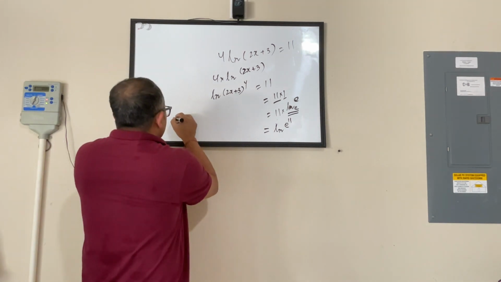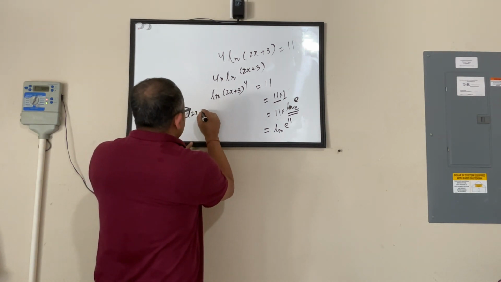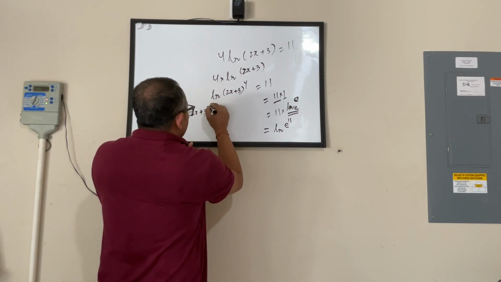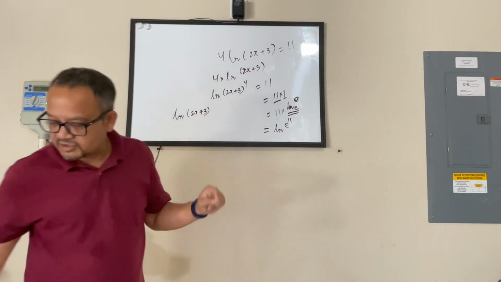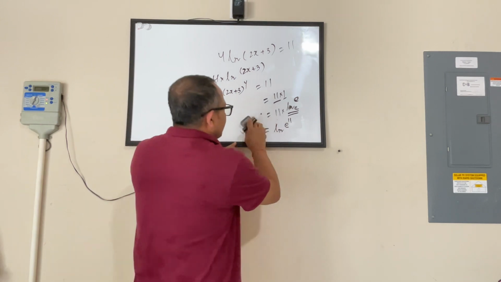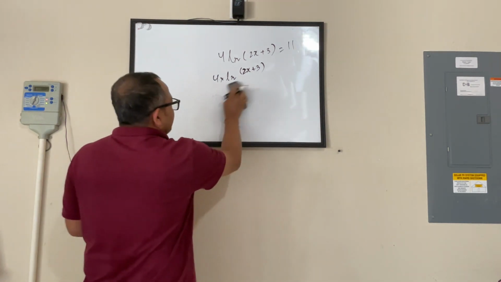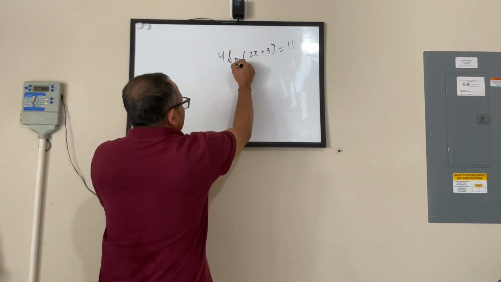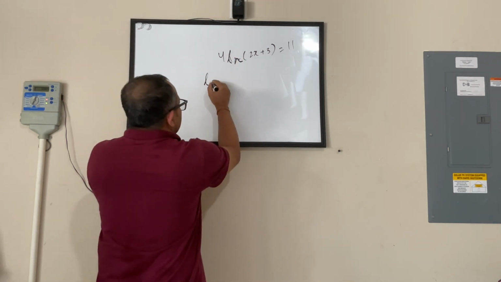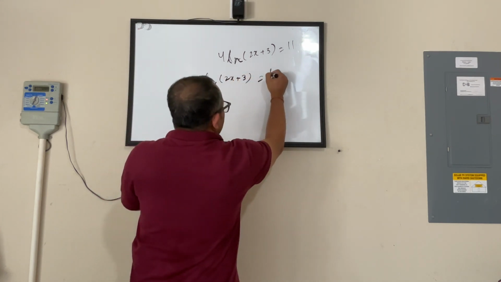That is, my equation becomes natural log of 2x plus 3 to the power 4. Or why am I complicating this always? Wait, let me try simplifying this first. This is my equation. 4 in this, I'll say natural log of 2x plus 3 equals 11 by 4.